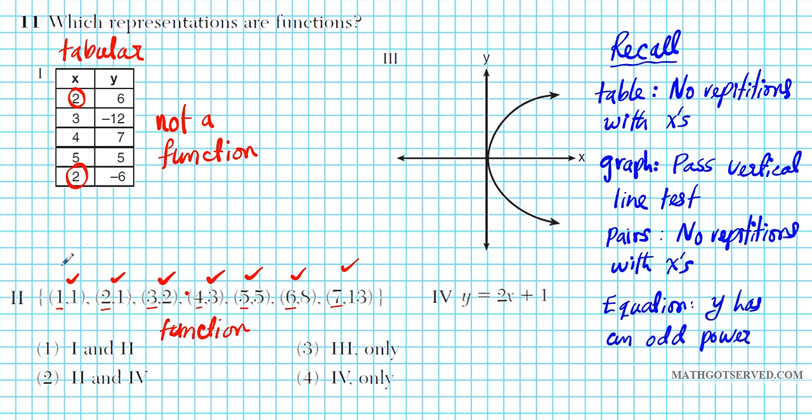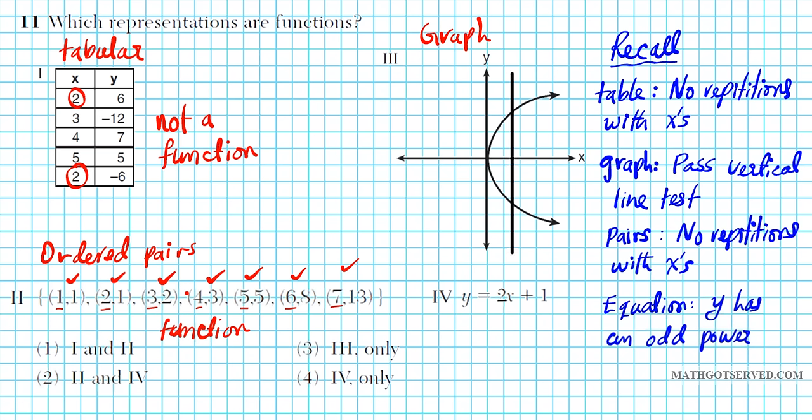In this representation, option 2 is a set of ordered pairs. Okay, now 3, this is a graph. And then all we do is we take our vertical line and do the vertical line test. We just draw a vertical line and see, does the graph intersect more than once at any point in the domain? If it does, what does that mean?